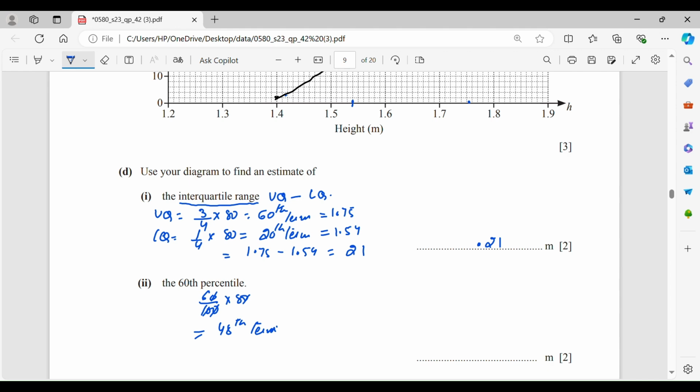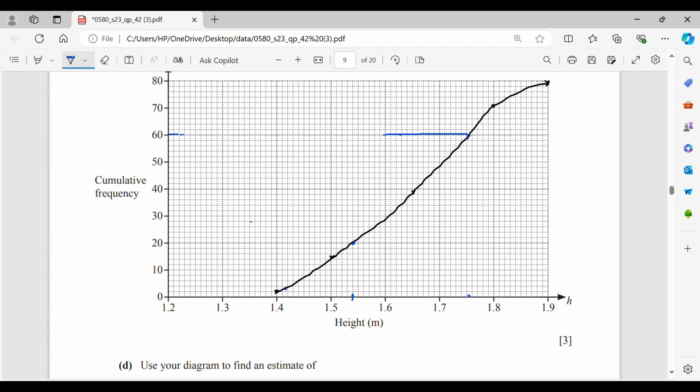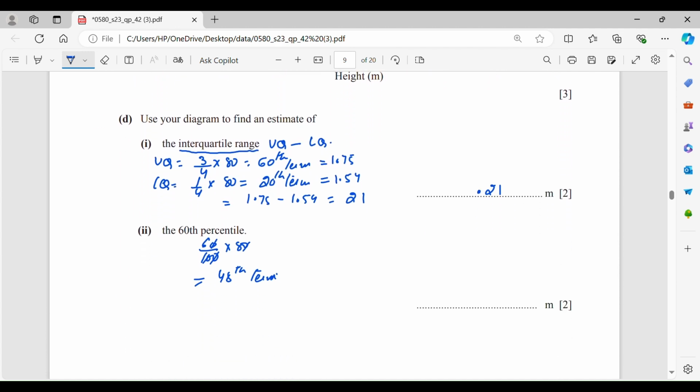So let's calculate. 48 will be this line, right? This is our 48. So we can make a straight line over here. It will be this line, 1.7. Our answer is 1.7 meter. Right? Next question.